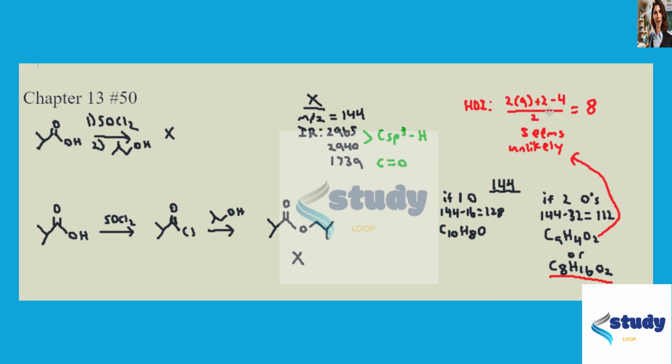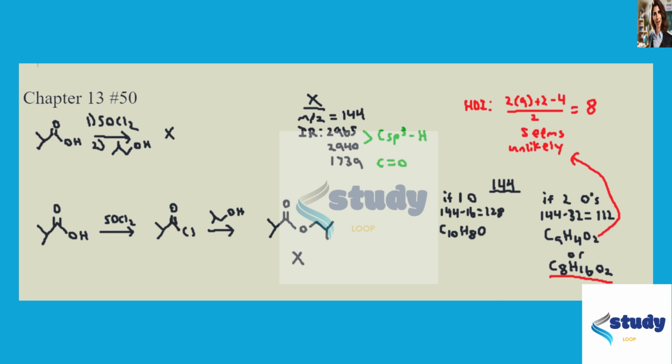And so for this problem, it would give us 16 over 2, or 8. So that's telling us that there are 8 double bonds, 8 rings, or some combination of double bonds and rings adding up to 8.